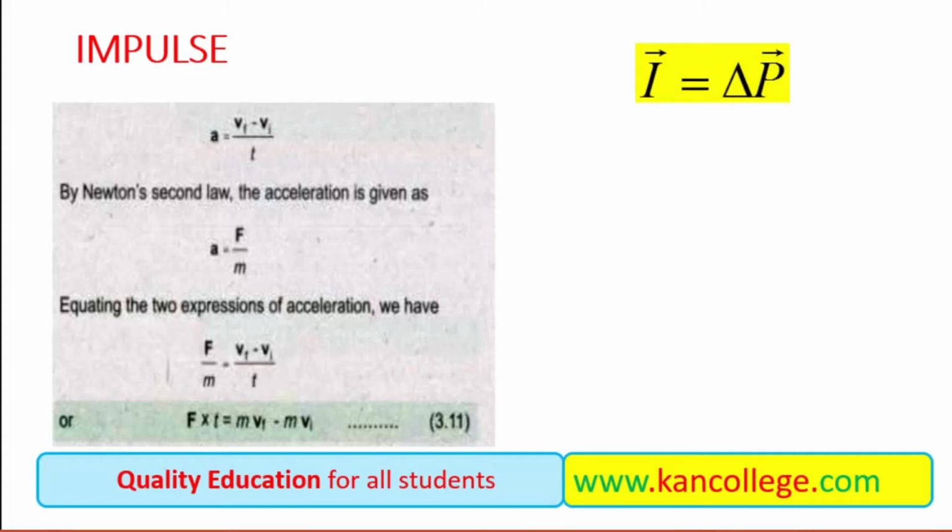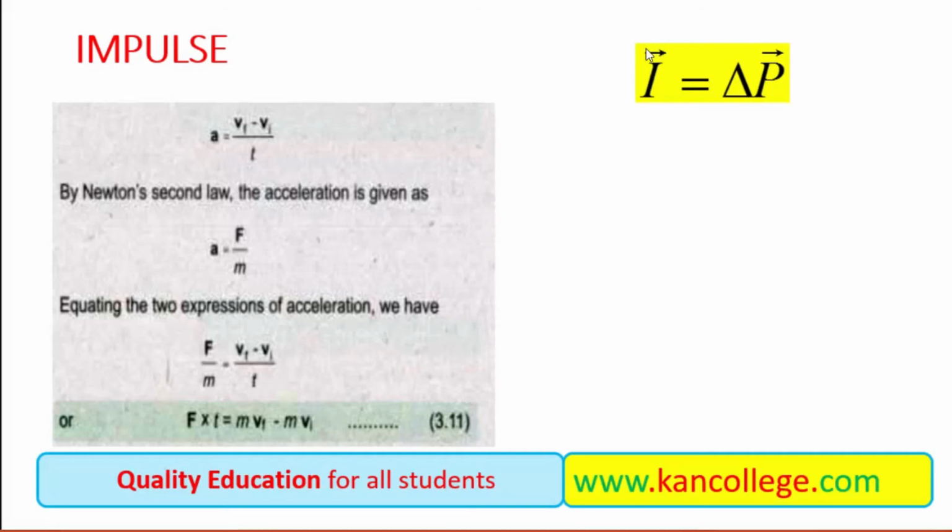This force into time is named as impulse, as we have already defined that the product of force and the time should be given the name of impulse. And it is proved that this is mathematically equal to change in momentum, or delta P.